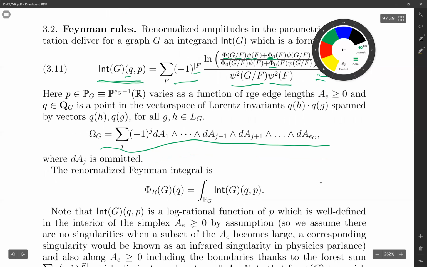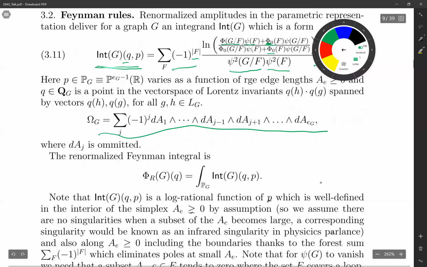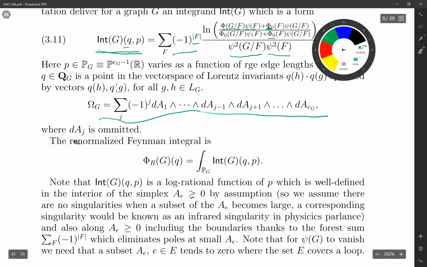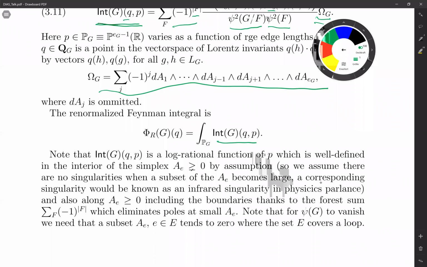What is then the renormalized Feynman integral? Well, it's simply taking this form and integrating it over our projective space, which is simply called PG. And that's a proven fact that this integral exists and gives you a finite answer. So that is by construction, if you like, a log rational function of P, which is totally well-defined in the interior of the simplex, all AEs greater than 0, because it's a point in projective space.